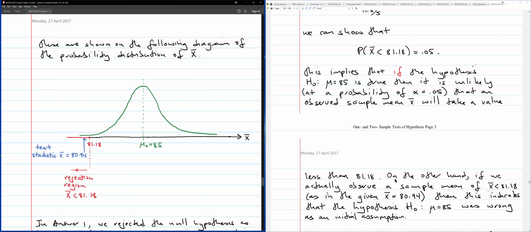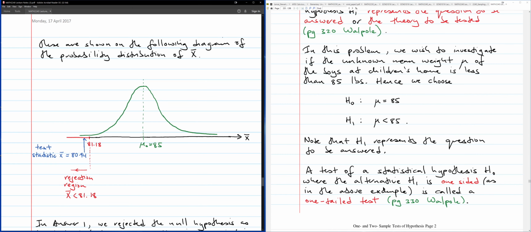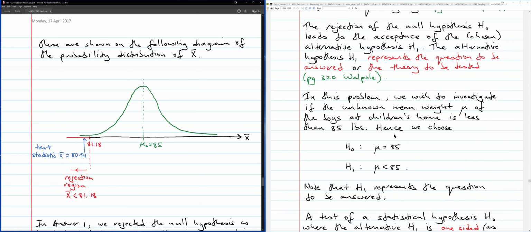Okay, or you can look at it this way, that if you actually do get a value in this rejection region, then that is indicating that your assumption, that mu is equal to 85, was wrong as an initial assumption, right? And if it's wrong, it means that you're going to reject H0, and therefore you reject H0 in favor of H1, right?